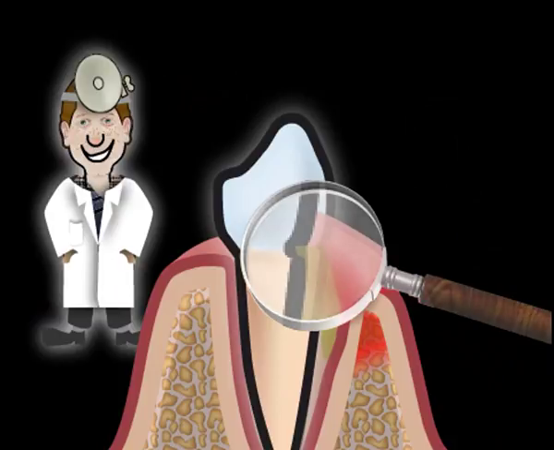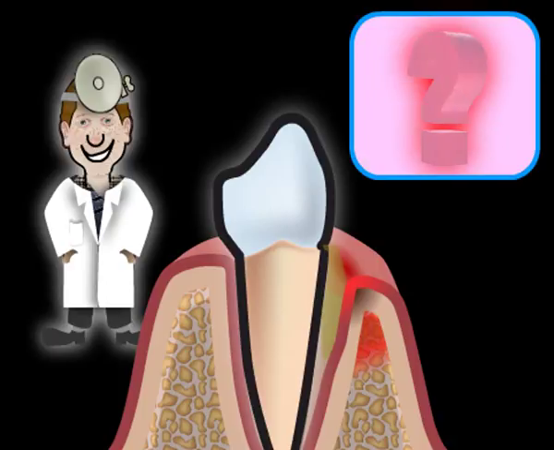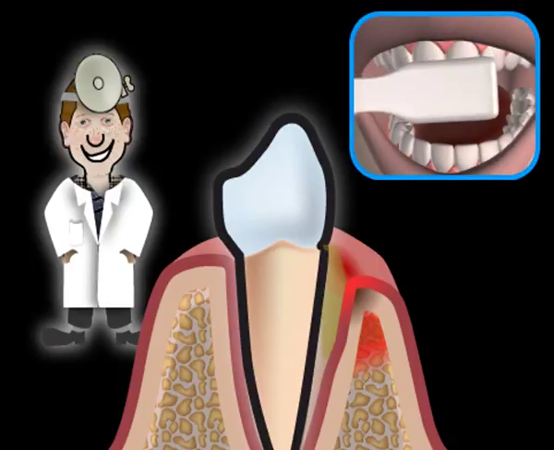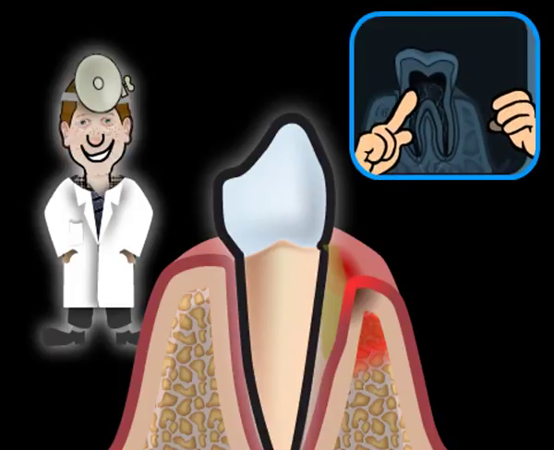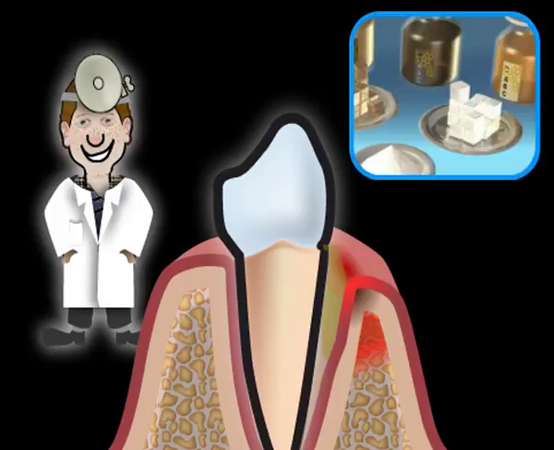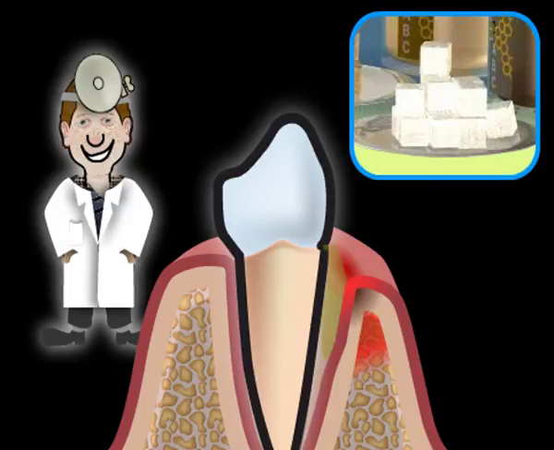If no reduction of the probing depths and no signs of activity are achieved despite improved oral hygiene on behalf of the patient, the physician should ask himself some of the following questions. Was the quality of the cleaning sufficient? Was the initial diagnosis correct?